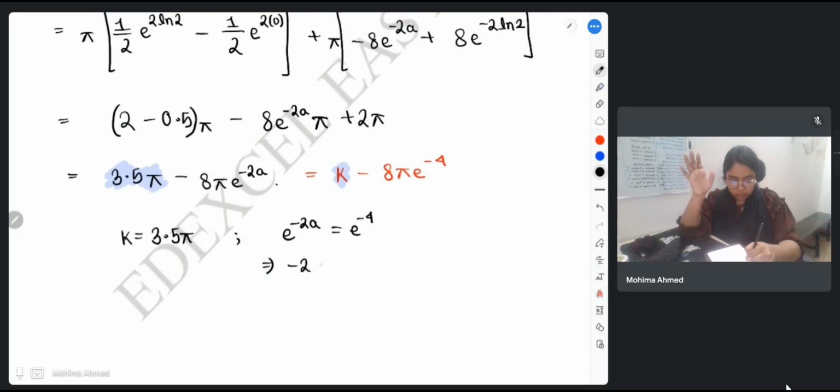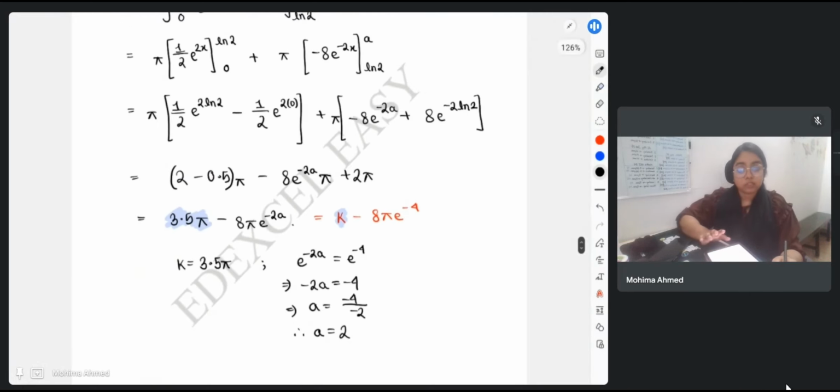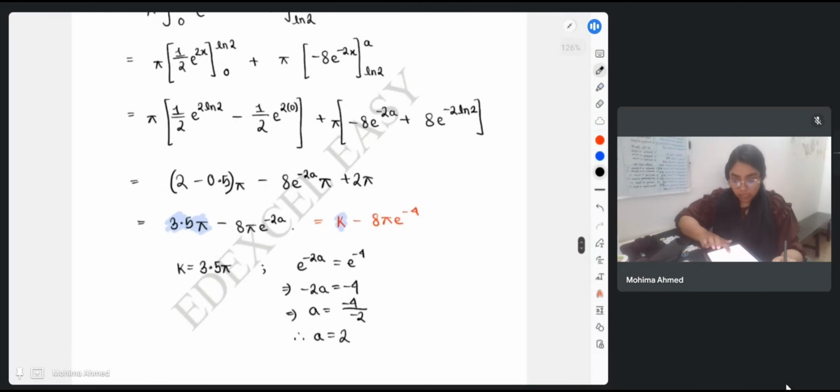Now you're left with minus 2a equals minus 4, and a would be minus 4 divided by minus 2, which is just positive 2. So the value for your a is just 2, and the value for your k is 3.5 pi. With this, our entire integration worksheet volume section ends.